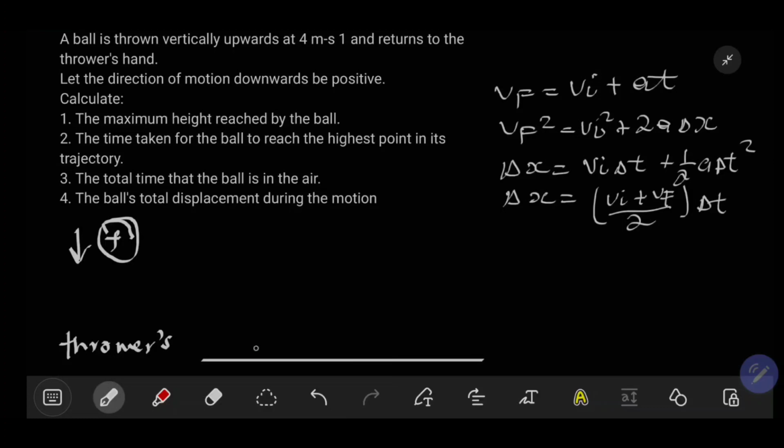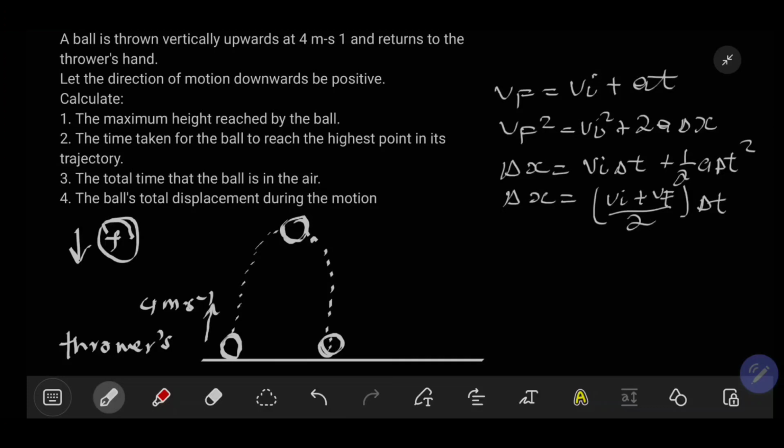So the ball was here, then it leaves this hand at a velocity going upward at 4 meters per second, and then the ball goes upward, and then it will reach a maximum height here, and then the ball will return to the thrower's hand, just like this.